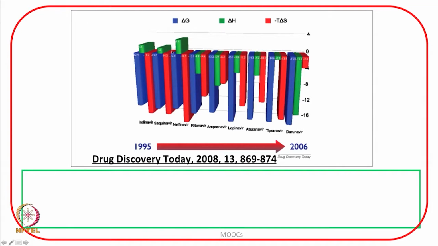And over the years, if you see, the green bars which were upwards are turning to downwards green bars. That means over a period of about 10 to 11 years, the new molecules showed affinity with more exothermicity.